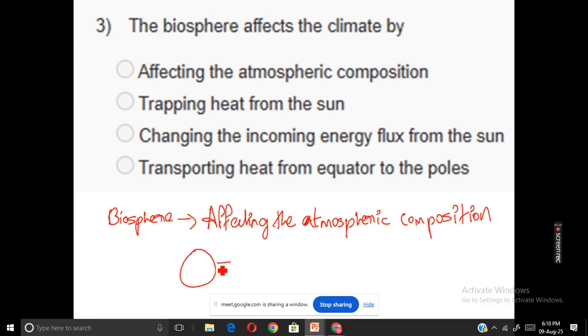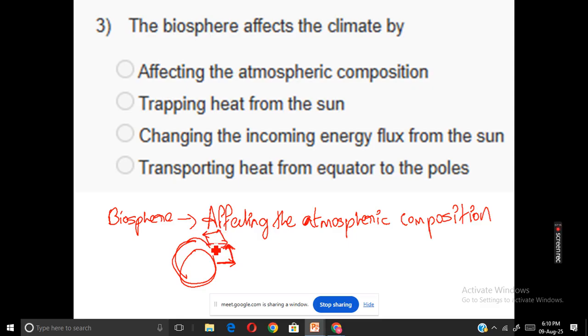Over the equator, because of the higher temperature, there is convection, and this is transported poleward. Once it reaches the higher latitudes, it becomes colder and sinks. Then this happens again, and another convection cell is there in the atmosphere.